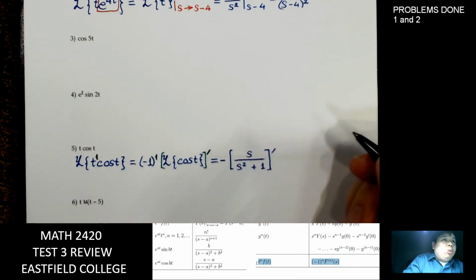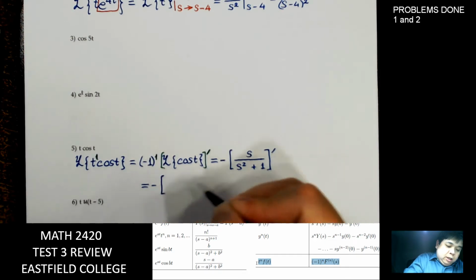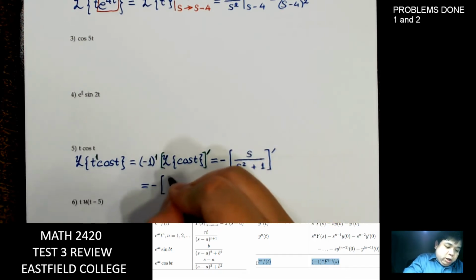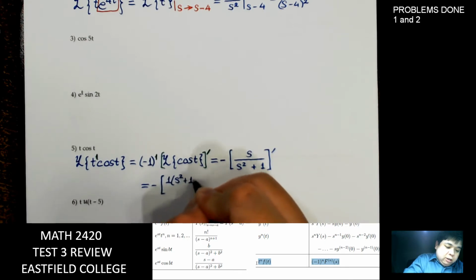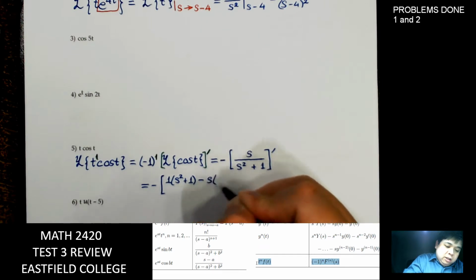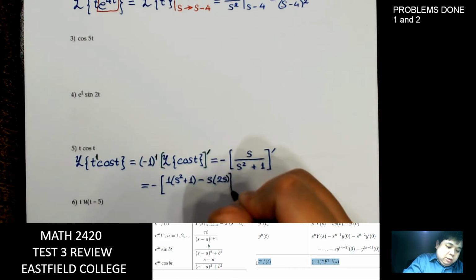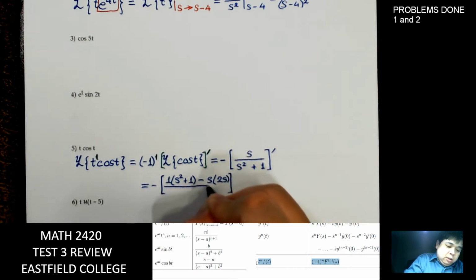Now we just take the derivative. This is the quotient rule, so we have 1 times s squared plus 1 minus s times the derivative of the bottom, which is 2s, over the bottom squared.